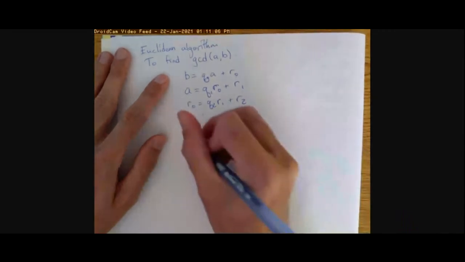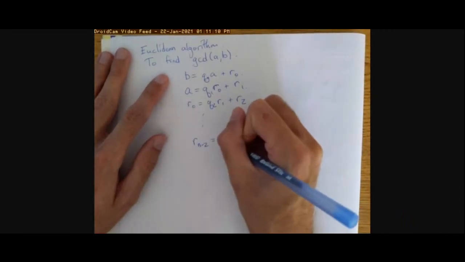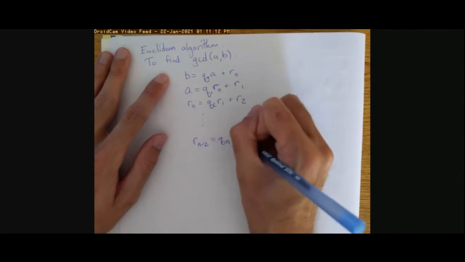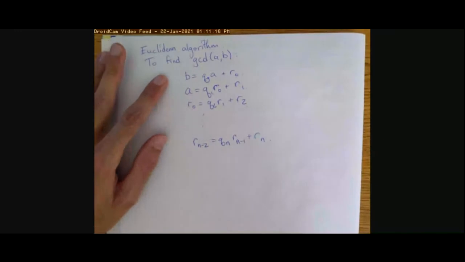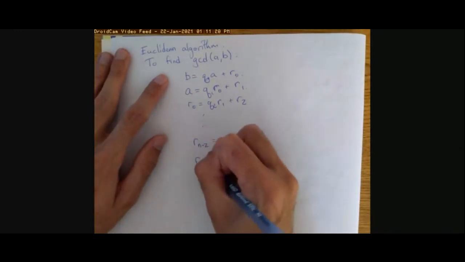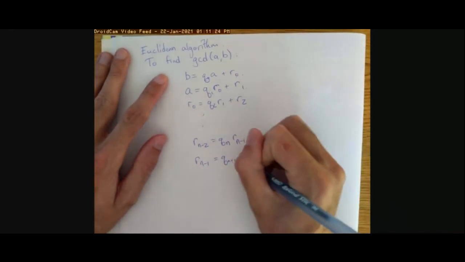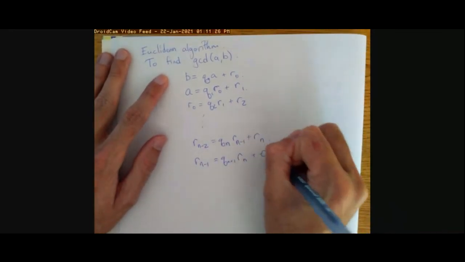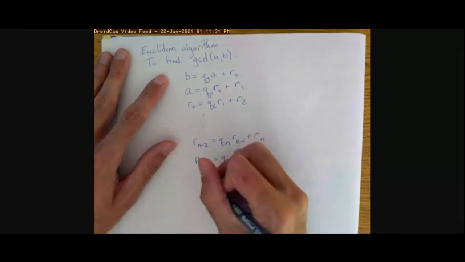And eventually you get Rn minus 2 equals Qn Rn minus 1 plus Rn. And then you get Rn minus 1 is Qn plus 1 Rn plus 0.